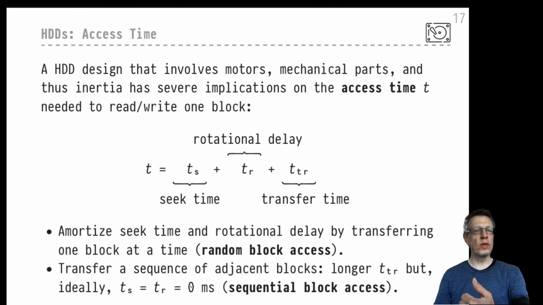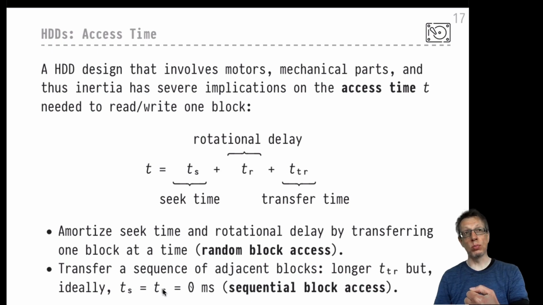Then we would wait for the rotation to happen, so there would be one rotational delay to access the first block in this contiguous sequence of adjacent blocks. But once seek time and rotational delay have passed once, we are over the wanted block and can access it.